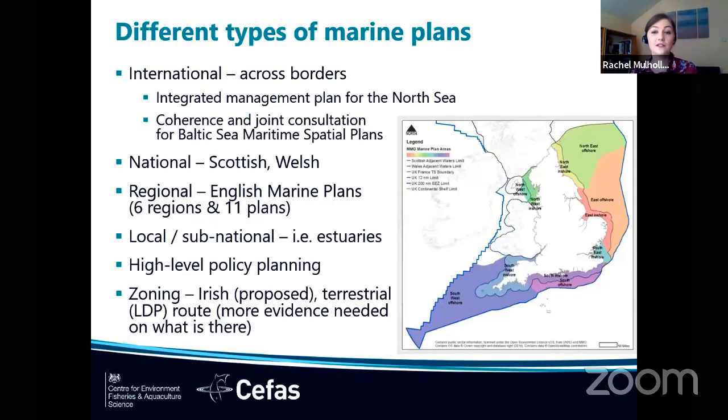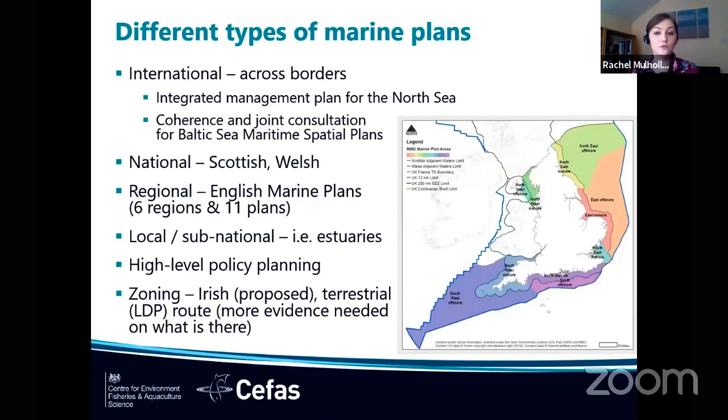A lot of evidence and high certainty in your data is required to take a very detailed zoning approach for marine planning. This is the approach that is taken in terrestrial planning with local authority development plans, whereby they will designate areas within their plan for, say, residential housing development or commercial development, and will also categorize areas as being completely unacceptable for certain types of development.